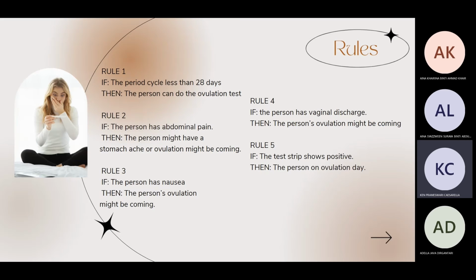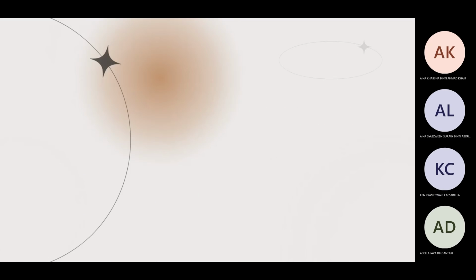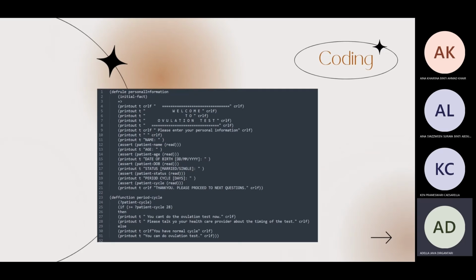And rule 4, if the person has vaginal discharge, then this person's ovulation might be coming. The last rule is if the test strip shows positive, then the person is on ovulation day. So this is the coding.